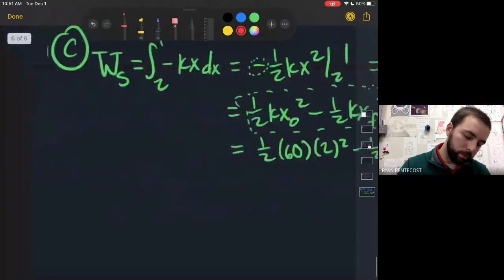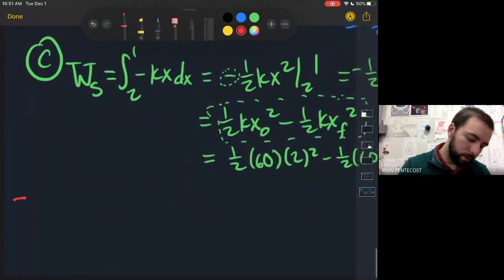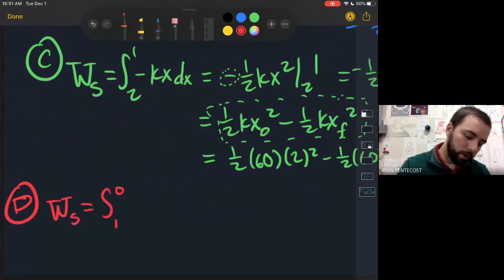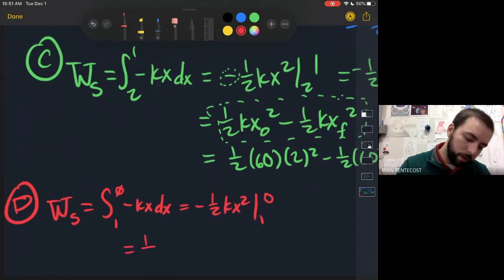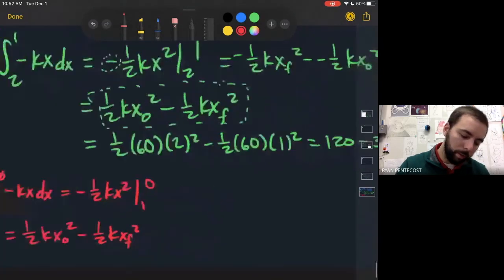So let's zoom in here. We've got D. Okay, we want to find the work done by the spring if we go from 1 to 0. Okay, of negative kx dx, you've got negative 1/2 kx squared from 1 to 0. What we'll do is we will do negative 1/2 k x naught squared minus 1/2 k x final squared, like I showed up above.